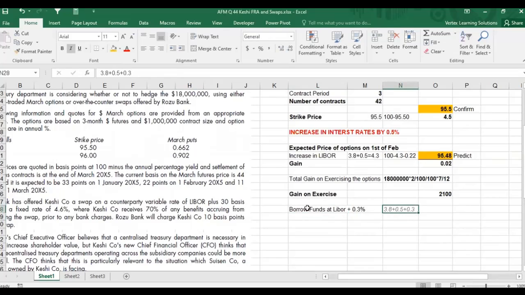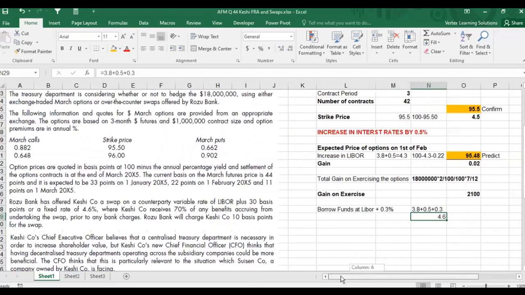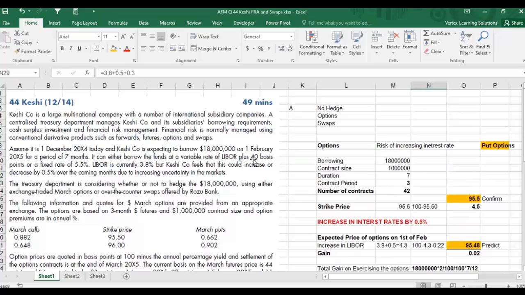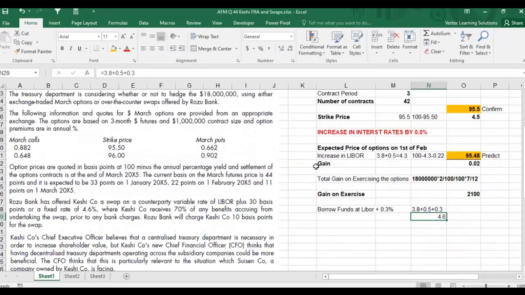Your borrowing spread is 30 basis points, which means you will borrow the money at 4.6%. This is your borrowing rate. No, we have 40 basis points, I'm sorry. 30 basis points was the swap, the other party. We can borrow at 40 basis points.